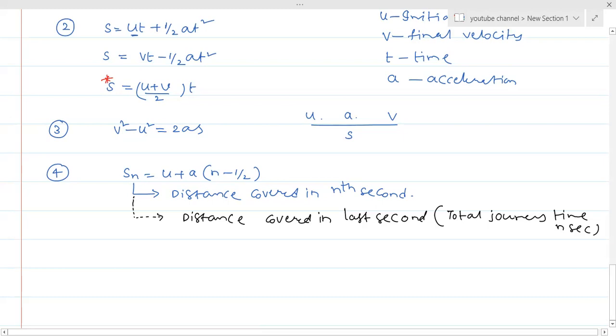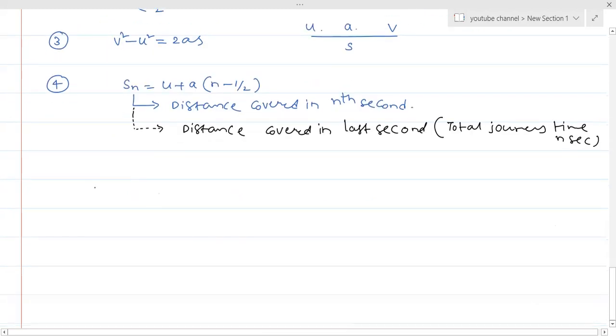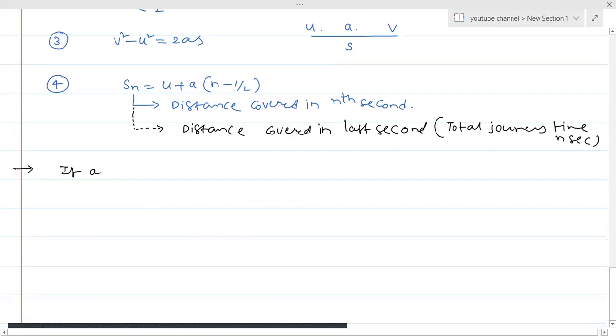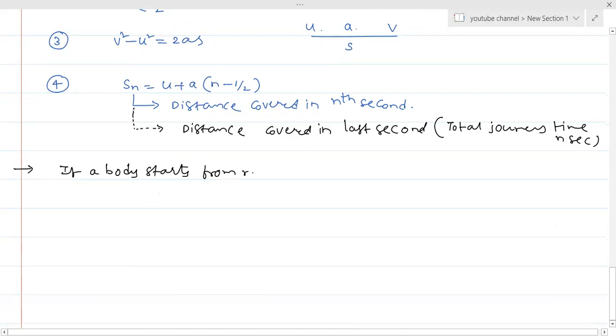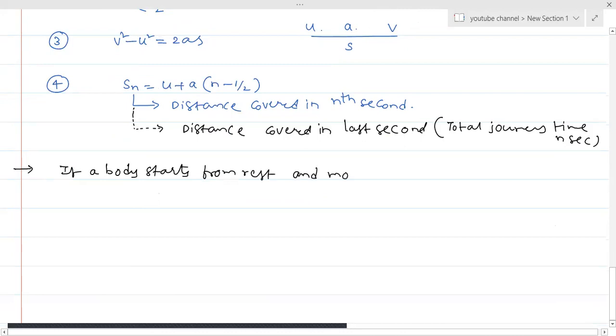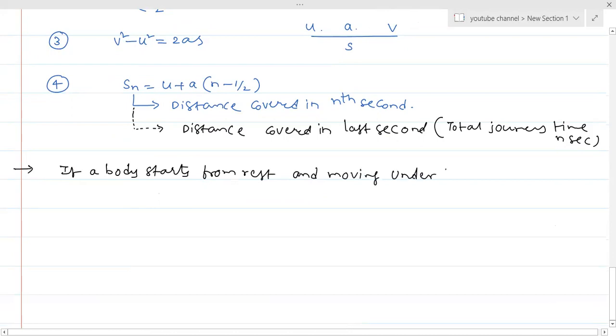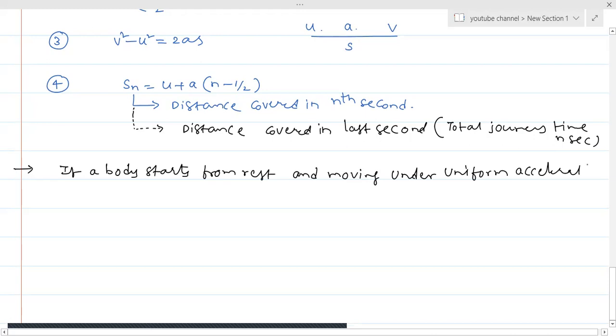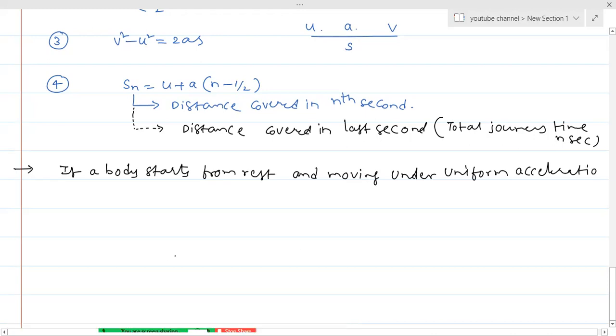So for an example, suppose a body starts from rest and is moving under uniform acceleration.